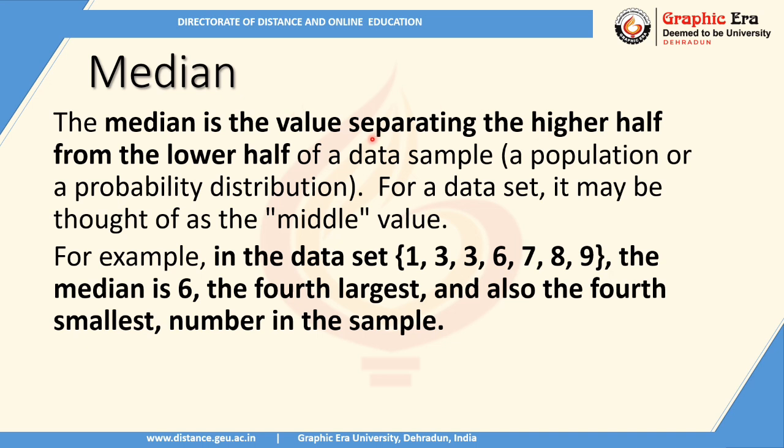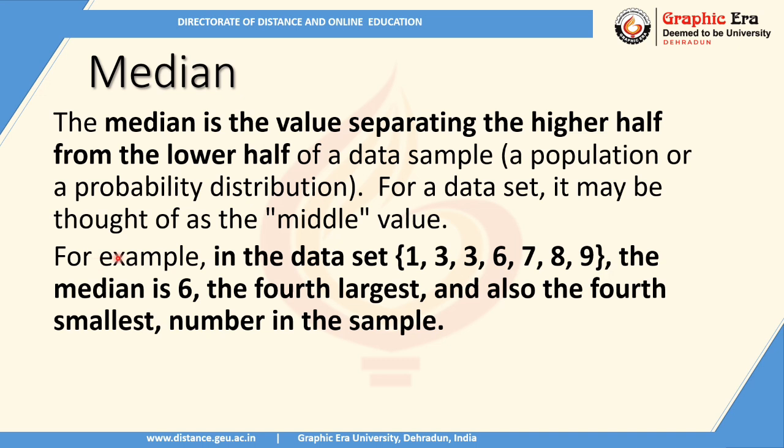The median is the value separating the higher half from the lower half of a data sample, a population, or a probability distribution. For a data set, it may be thought of as the middle value.